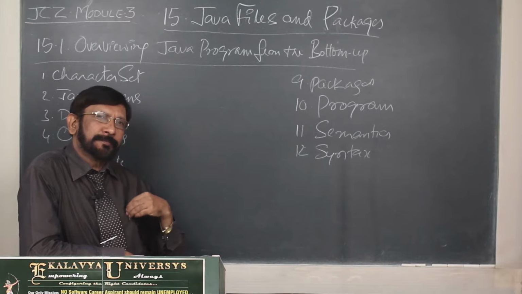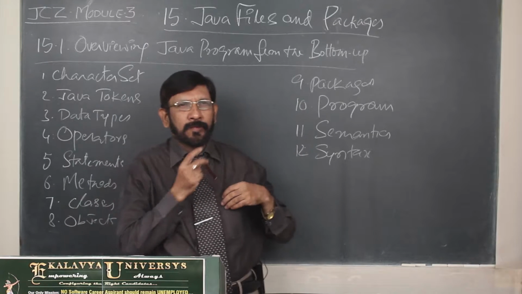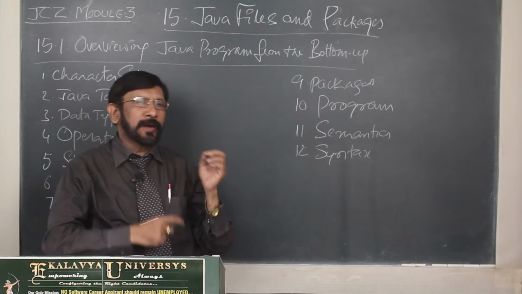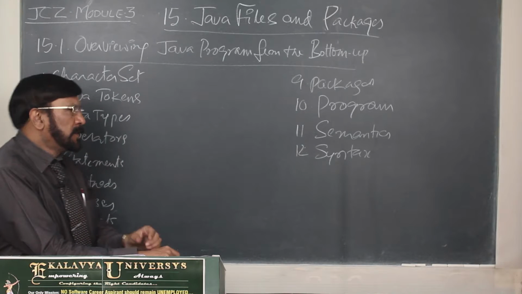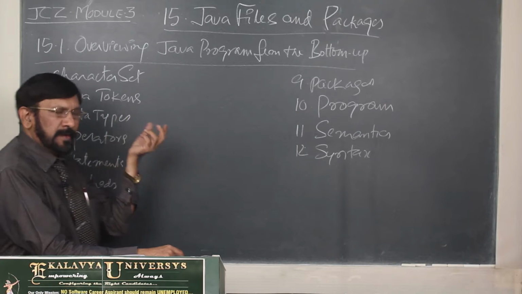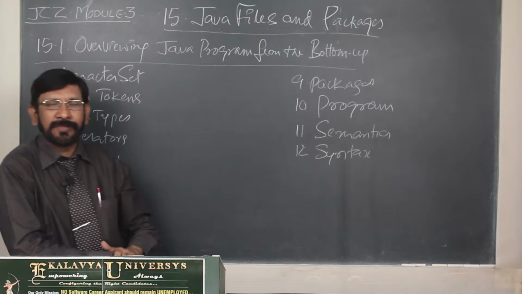Let us say pen, P-E-N, book, B-O-O-K. By composing characters, we create words. In Java and programming languages, those words are known as tokens.